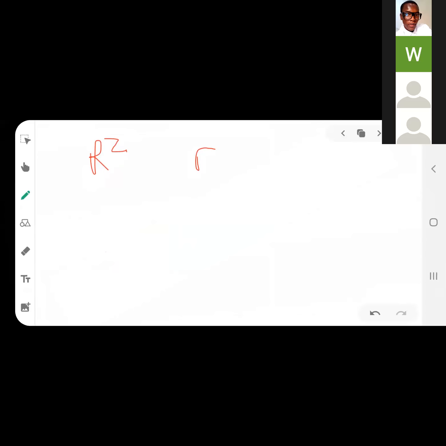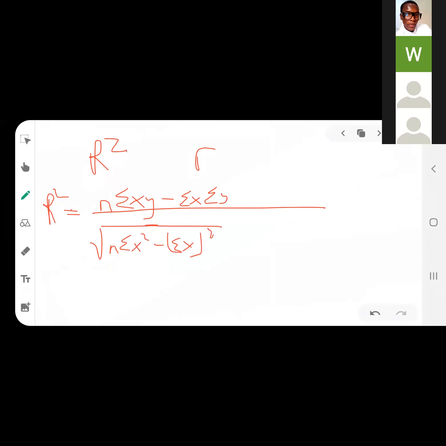So they want us to calculate capital R squared, and you know the formula. It's given by R squared equals n, the sum of xy, minus the sum of x times the sum of y, divided by the square root of n, the sum of x squared, minus the sum of x in brackets all squared, multiplied by the square root of n, the sum of y squared, minus the sum of y in brackets all squared, and then you square it.